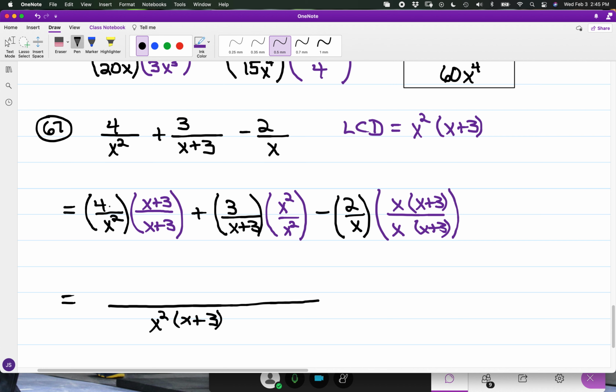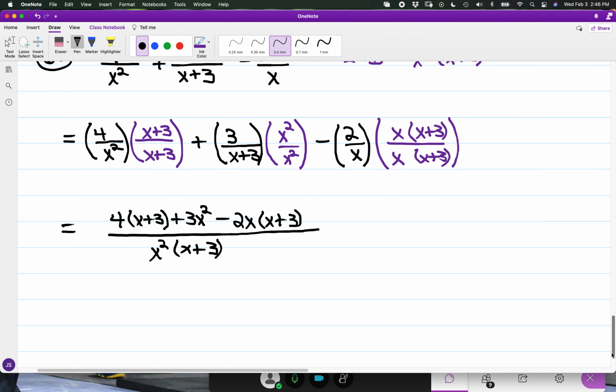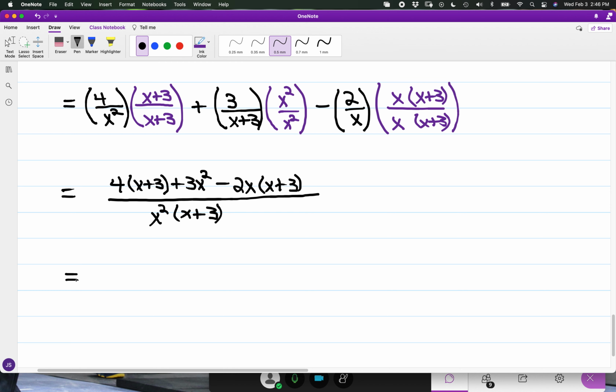For the numerators, you have 4 times the quantity x plus 3, and we have 3 times x squared, and bringing down the subtraction, we have minus 2 times x times the quantity x plus 3.